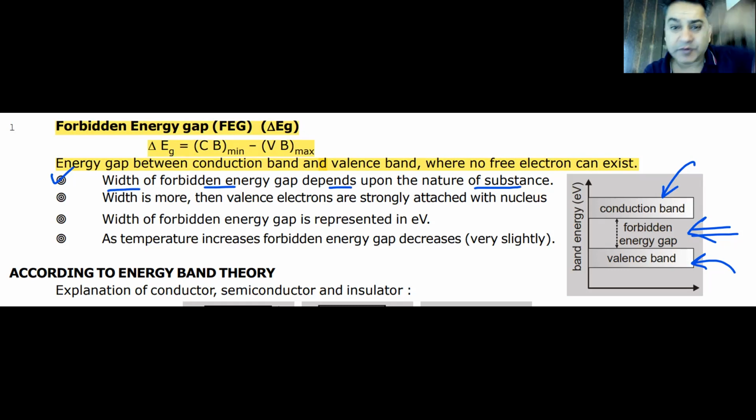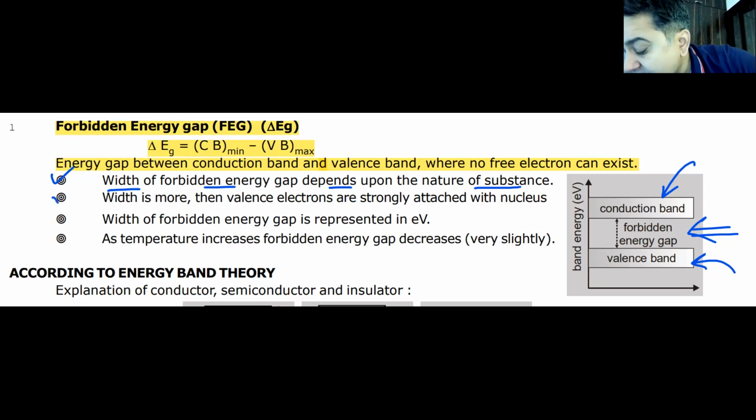Should the width be very high or very less? If the width is very high, the electrons will not be able to jump and it will not be a good conductor. Do we understand this?